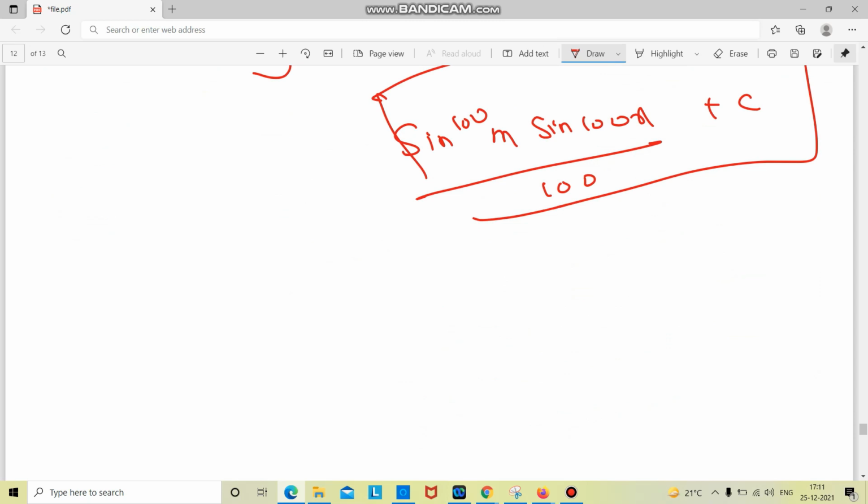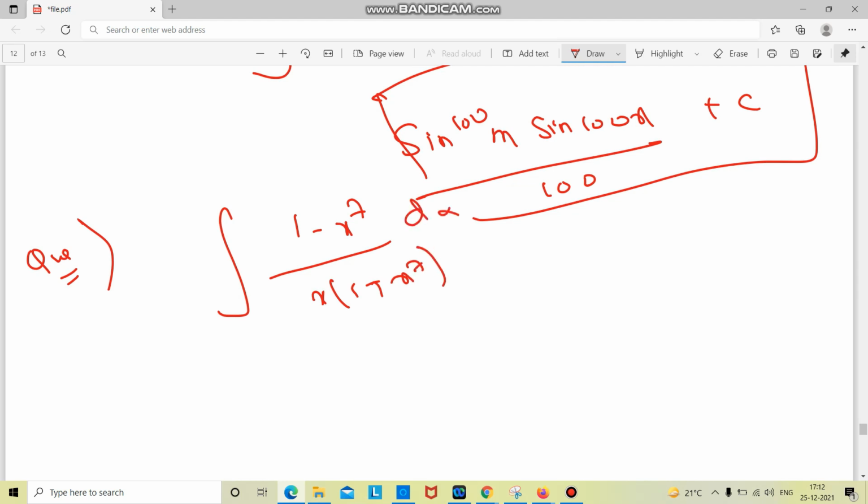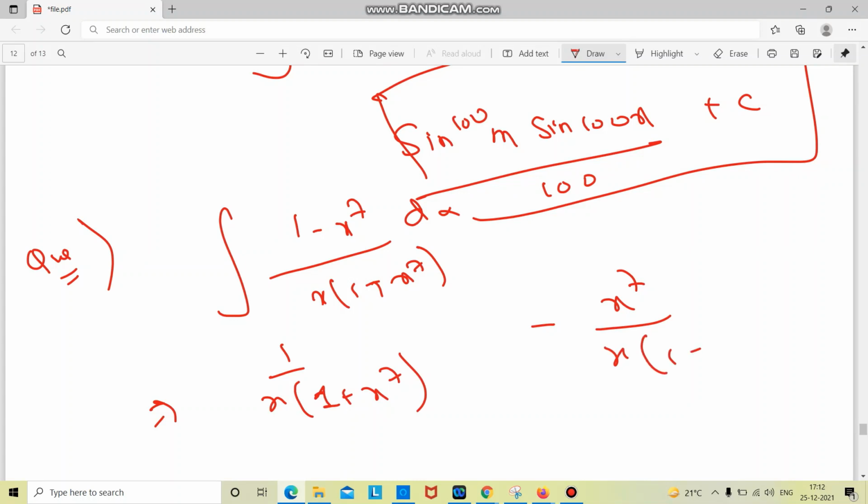Our next question is integral of (1 minus x to the power 7) by x into (1 plus x to the power 7) dx. In this question, we can separate it: 1 by x, (1 plus x to the power 7) minus x to the power 7 by x plus 1 by x to the power 7.